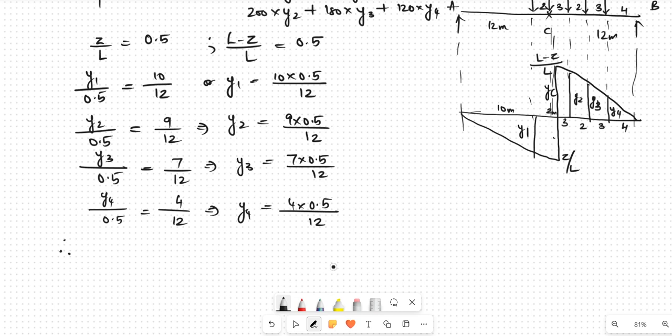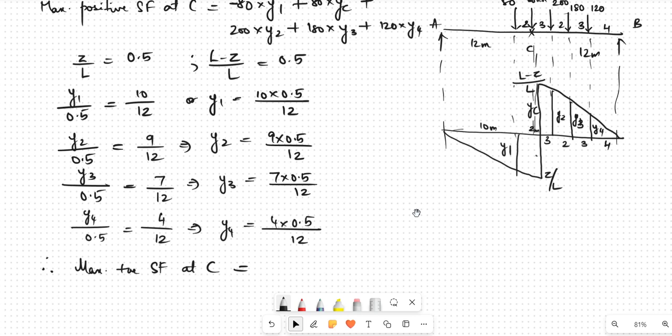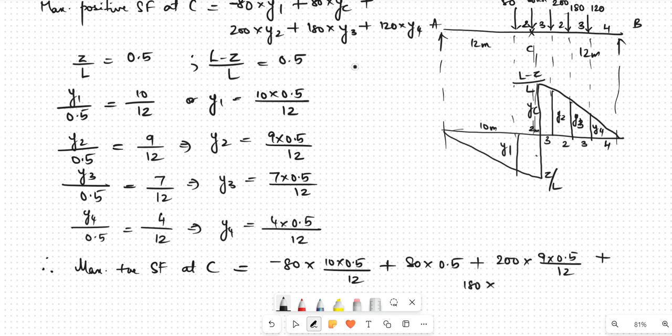With these values, let us find the maximum positive shear force at C, which is given by minus 80 into 10 into 0.5 by 12 plus 80 into 0.5 plus 200 into 9 into 0.5 by 12 plus 180 into 7 into 0.5 by 12 plus 120 into 4 into 0.5 by 12.